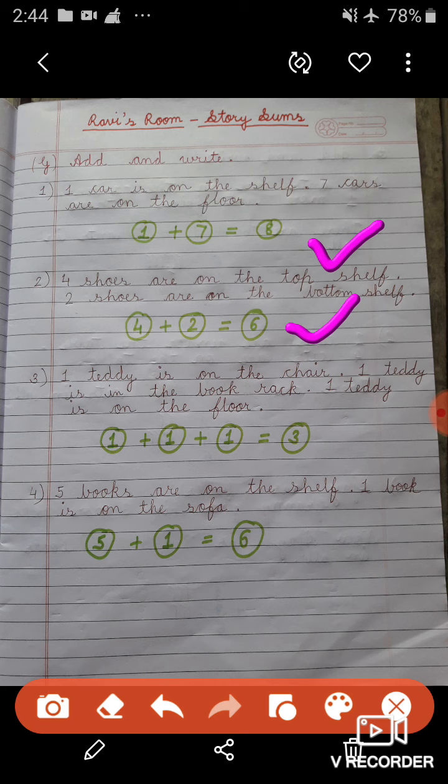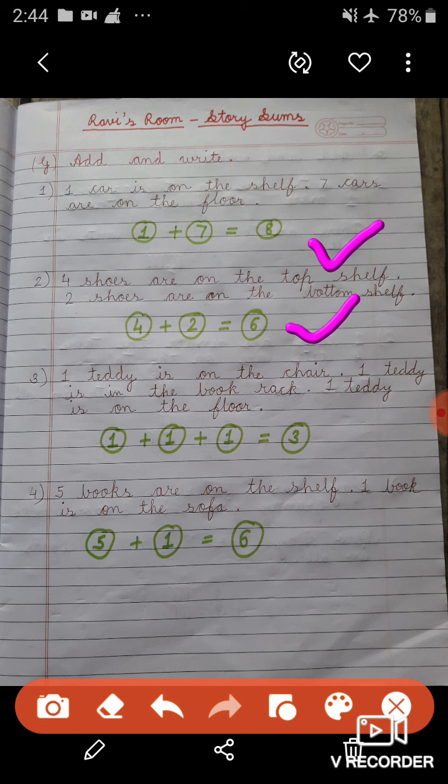Now the next question: one teddy is on the chair, one teddy is in the book rack and one teddy is on the floor. So students, Ravi's one teddy is on the chair, one is on the book rack and one is on the floor.